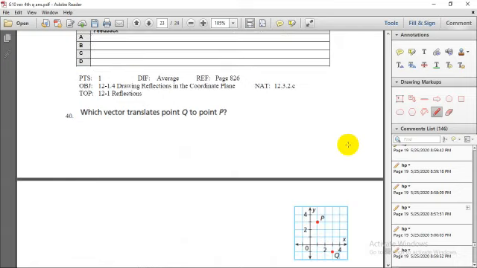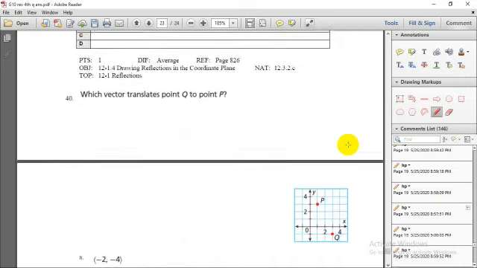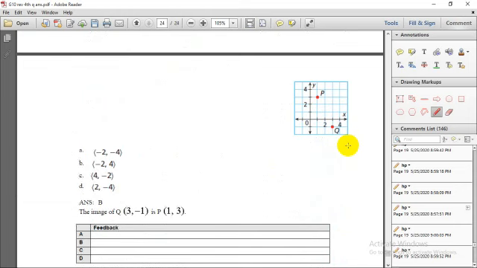Which vector translates point Q to point B? Nice. First, I'm going to get the coordinates of each point. What is the point Q? Point Q is (3, 1), sorry, (3, negative 1). Very good. What's my B? B is (1, 3). Very good.